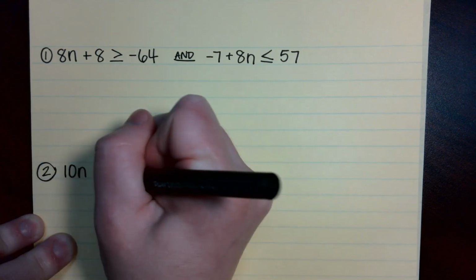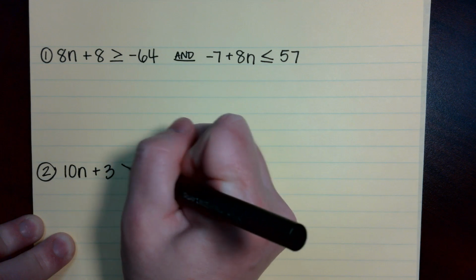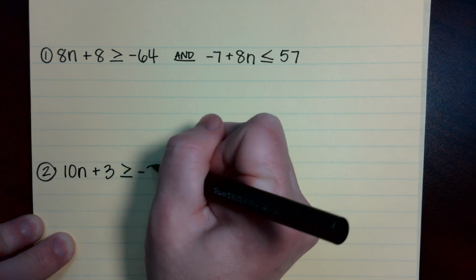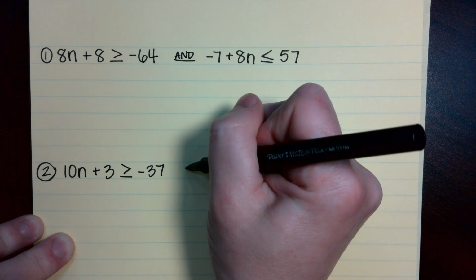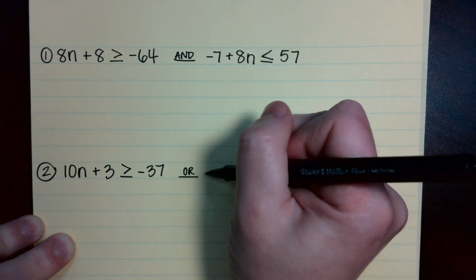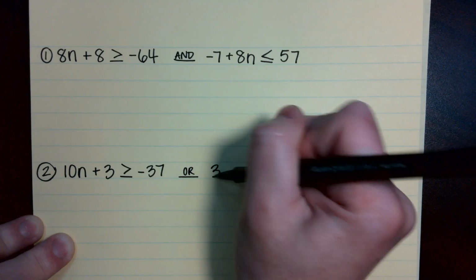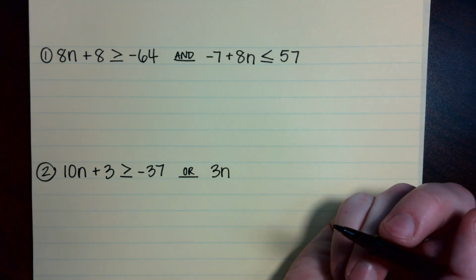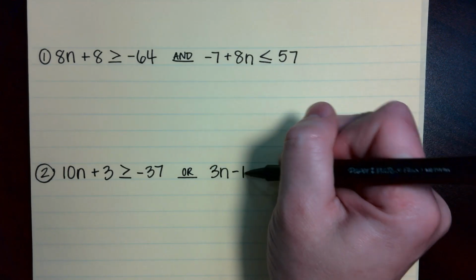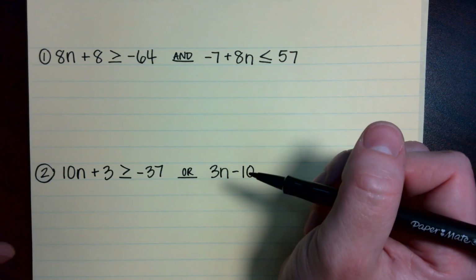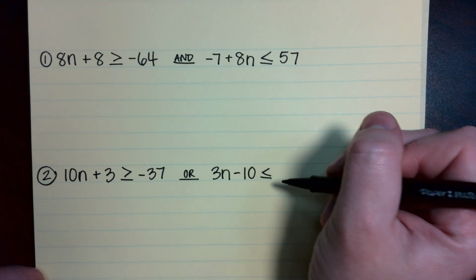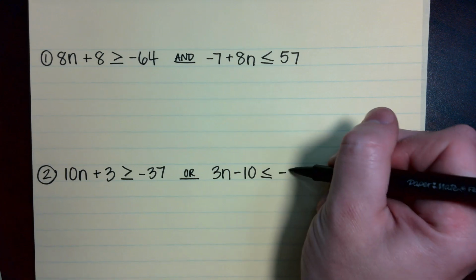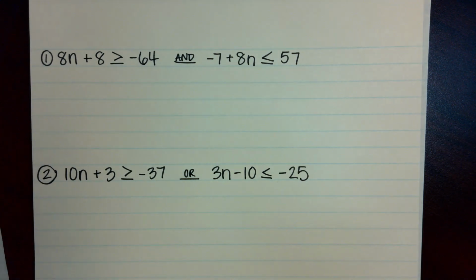Times n plus 3 greater than or equal to negative 37, or 3 times n minus 10 less than or equal to negative 25. Okay. Alright, I'm going to pause this recording, set a little timer, have you guys do those on your own, and we will come back in just a few minutes and see how we did.